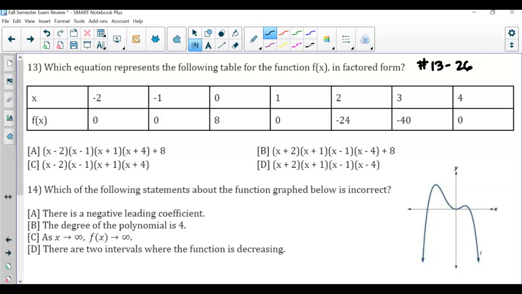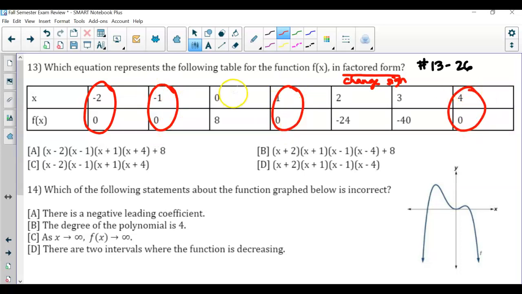Now with question number 13, you are identifying which equation in factored form represents the table. Remember, in factored form you need to change the sign. First we need to identify the zeros, the roots, the x-intercepts: (-2, 0), (-1, 0), (1, 0), and (4, 0).